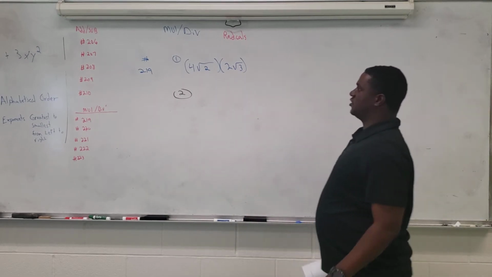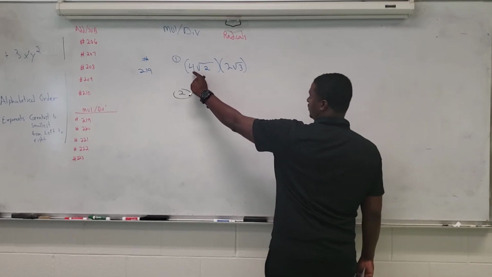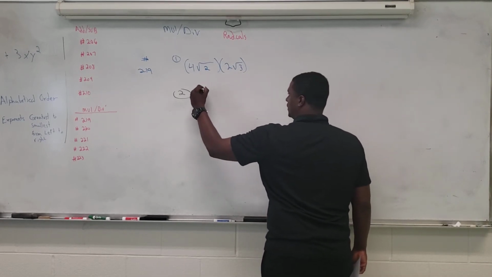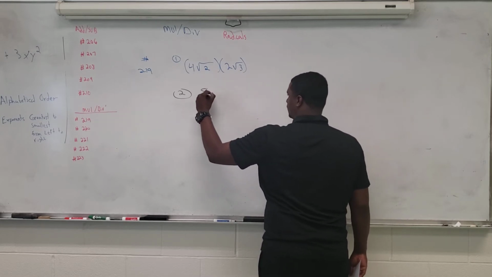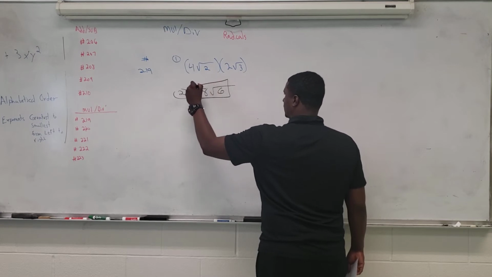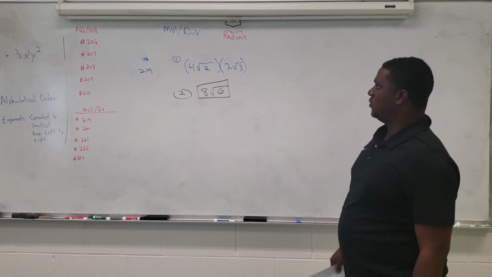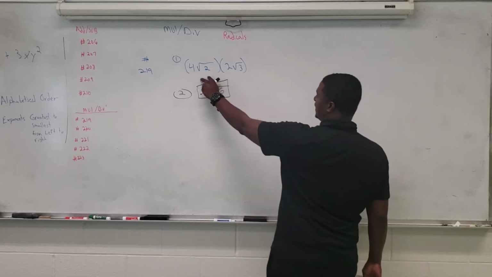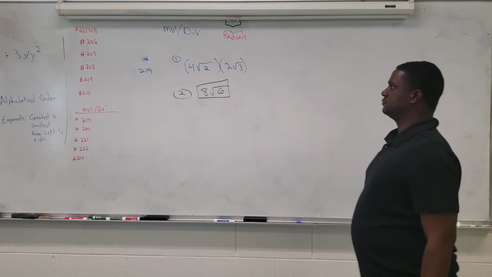They do not have to be like terms. In this case, you multiply the coefficients. 4 times 2 is 8. Square root of 2 times square root of 3 is the square root of 6. Final answer. You multiply the coefficients and you multiply the radicals.